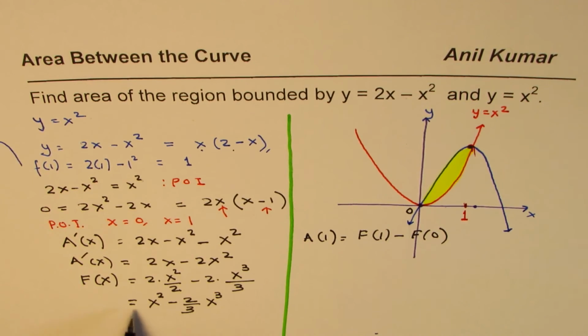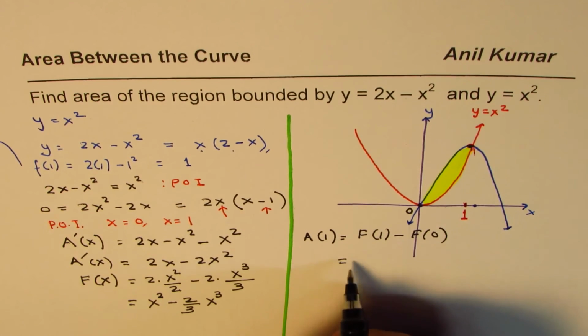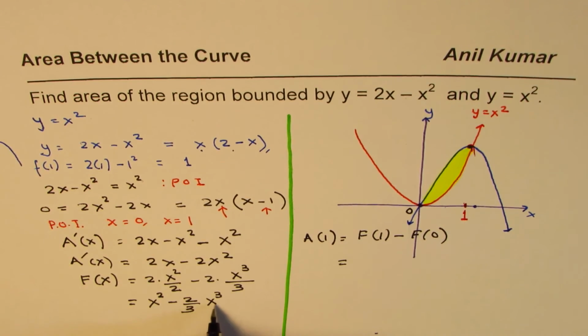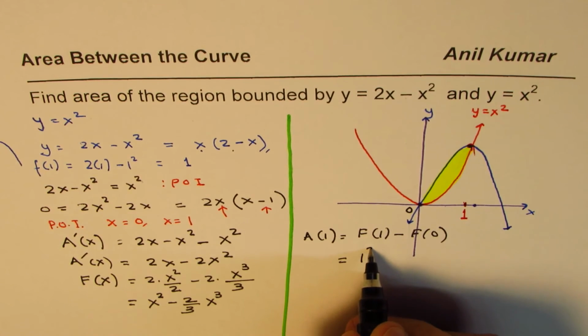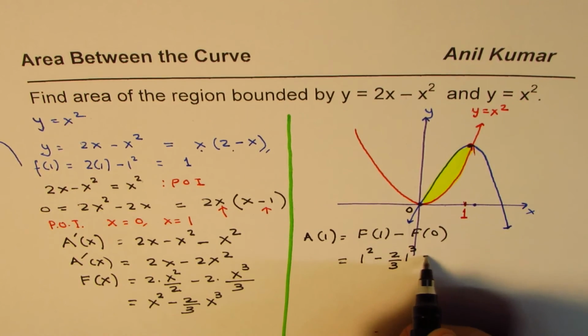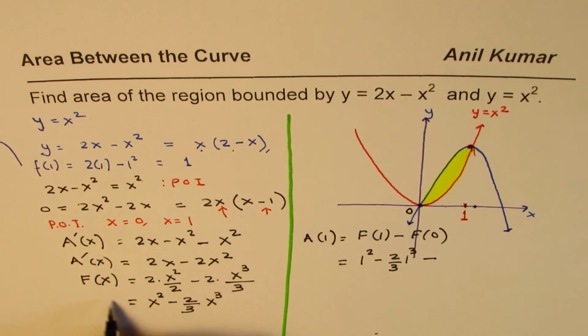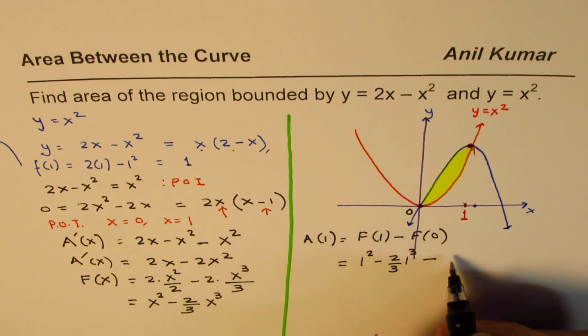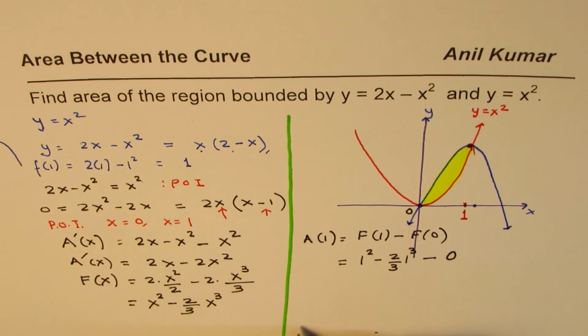Now we can calculate these values. F of 1 will be, substitute 1 here, so we get 1 squared minus 2 over 3 times 1 cubed, take away. If I substitute 0 here, both the terms become 0, right? So take away 0.